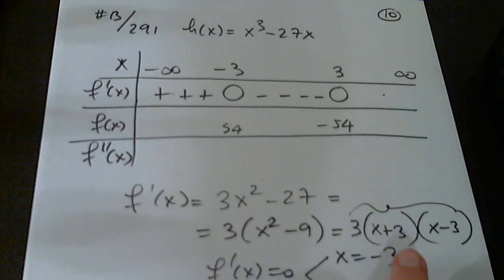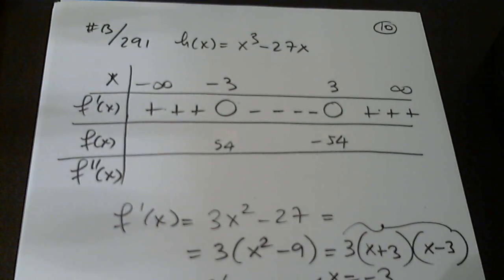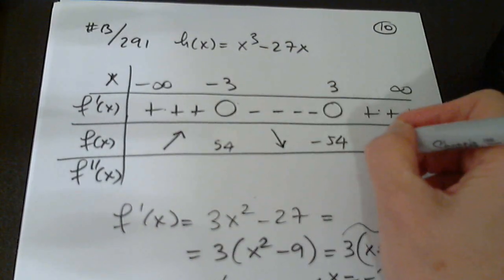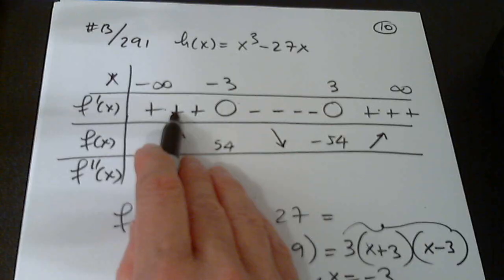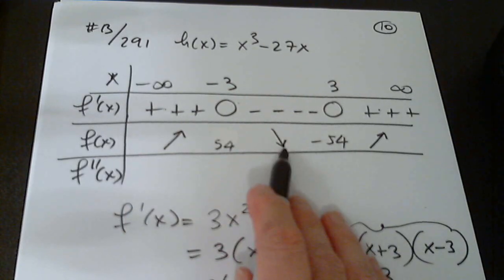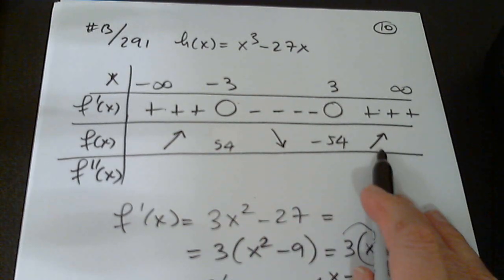And positive 10: positive, positive, positive. So this is what I expect. Positive derivative, function must be increasing. Negative derivative, the function must be decreasing. Positive derivative, the function must be increasing.